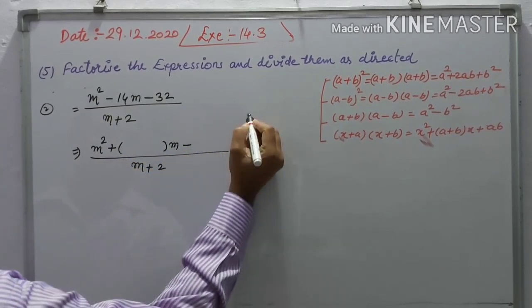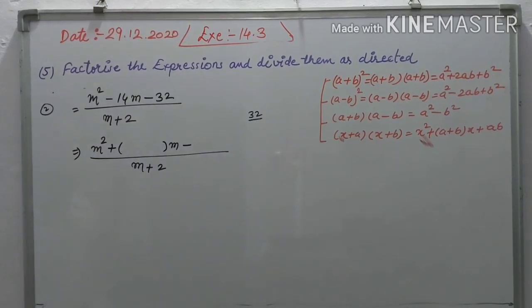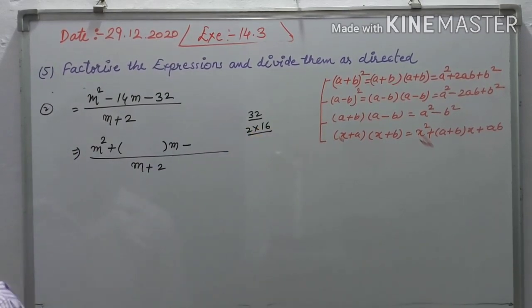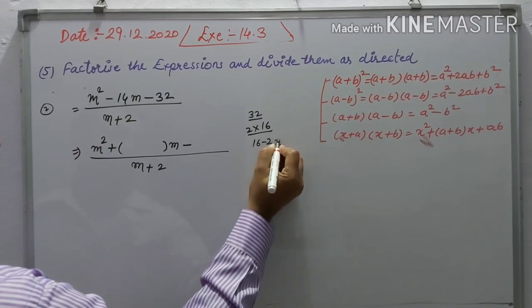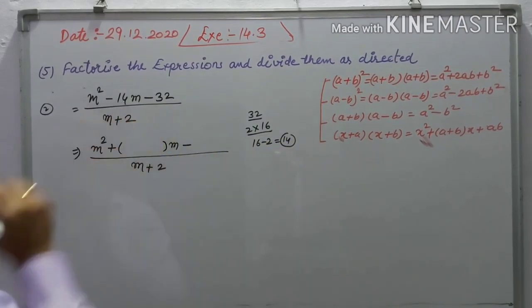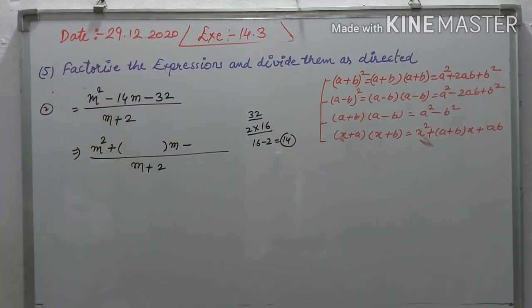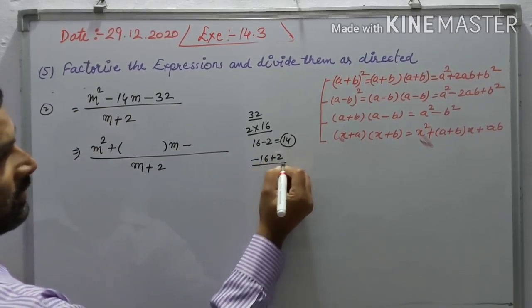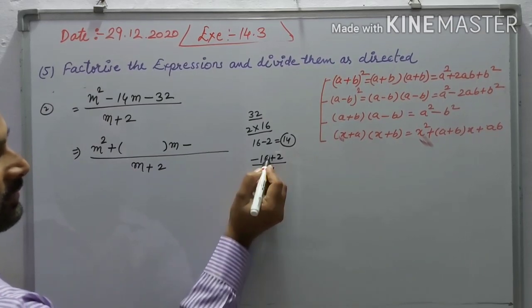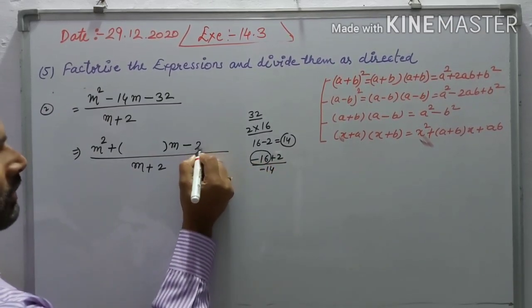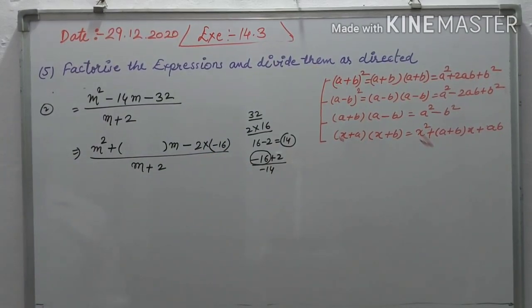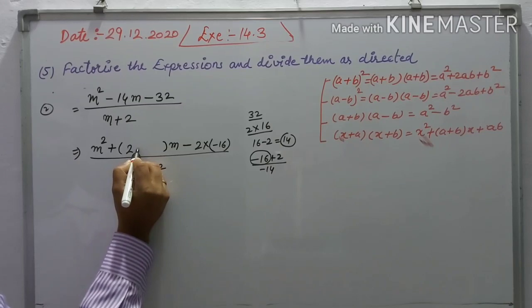Here it is 32. Which two numbers are factors of 32? 2 into 16. 2 into 16 is 32, and 16 minus 2 is equal to 14. There is the 14, but here the value is minus 14. Minus 14 means you write minus 16 plus 2, which is equal to minus 14. So the two numbers are 2 and minus 16.